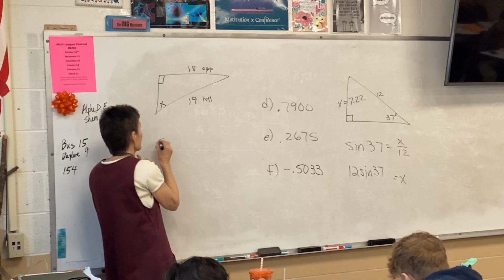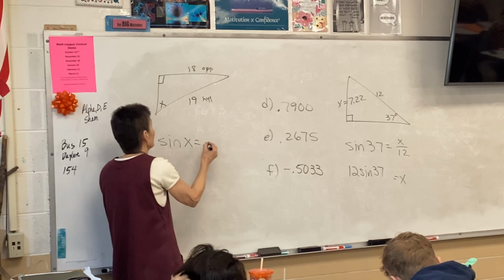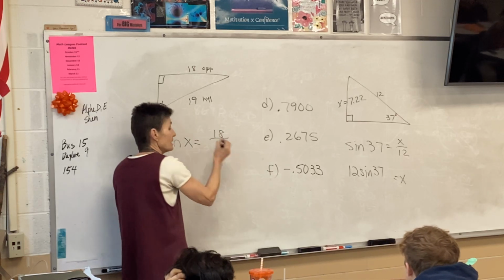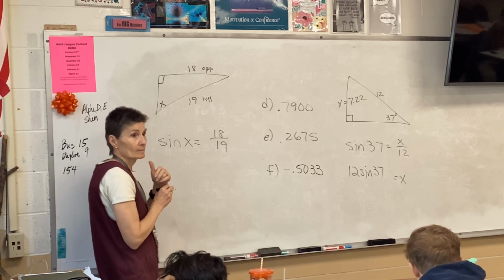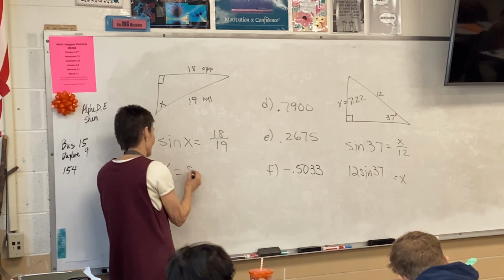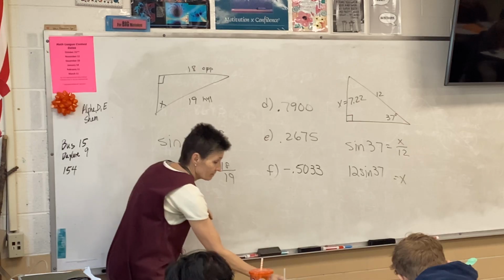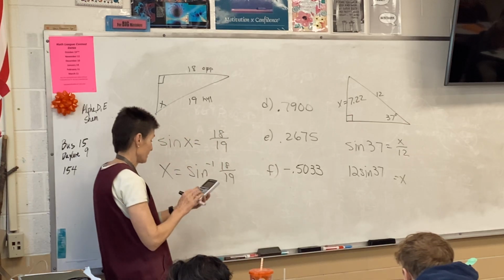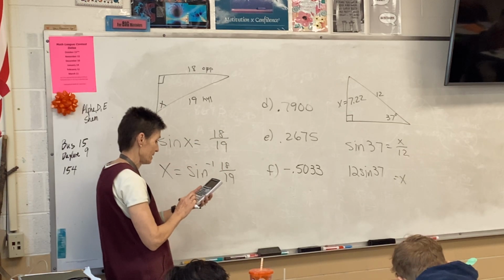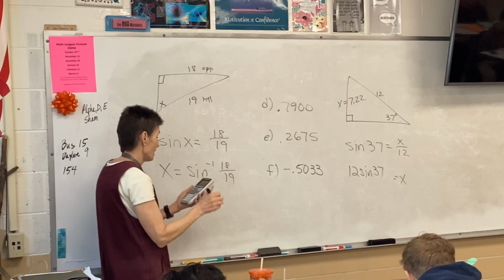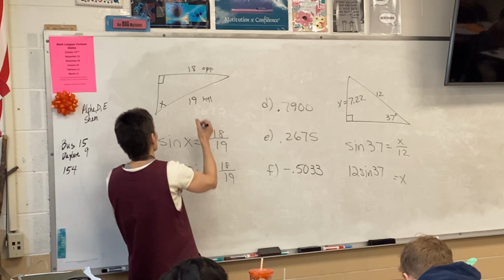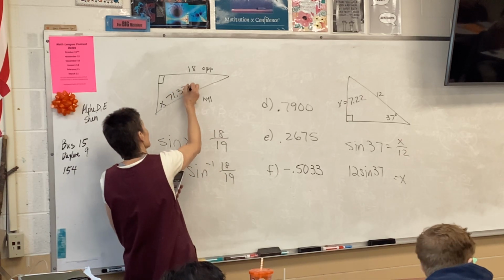Sine. So sine x equals 18 over 19. And inverse sine. And that's it. So second sine 18 divided by 19. 71.33 degrees.